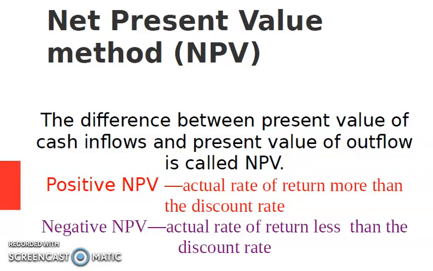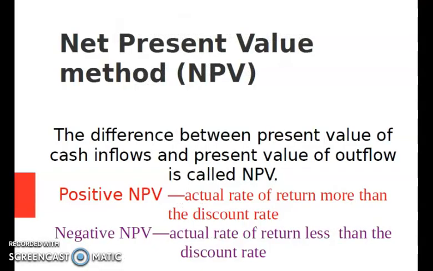It represents the returns of the company's shareholders which they receive over and above the cost of capital. A positive NPV contributes to the wealth of the shareholders. Why? Because it means that the actual rate of return is more than the discount rate or the cost of capital. And that is why the NPV method is also called the investor's method.